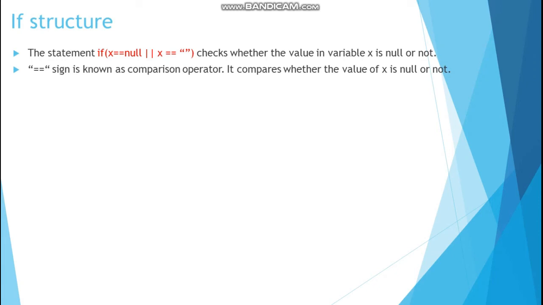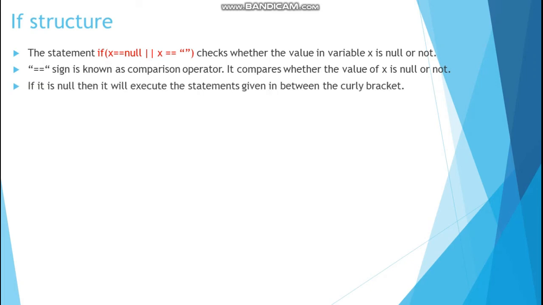There is a difference between equal to and double equal to. If you give x = 5, then it will store the value 5 inside the x variable. But if you give x == 5, then it will compare x with 5. So double equal to is the comparison operator. It compares whether the value of x is null or not here.